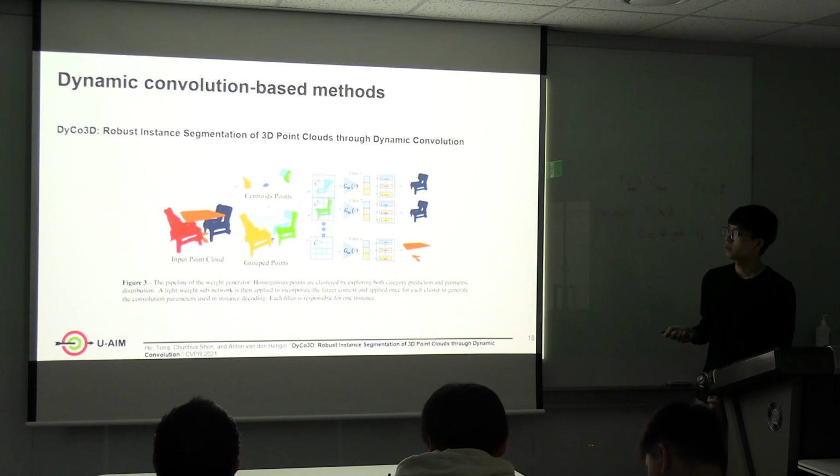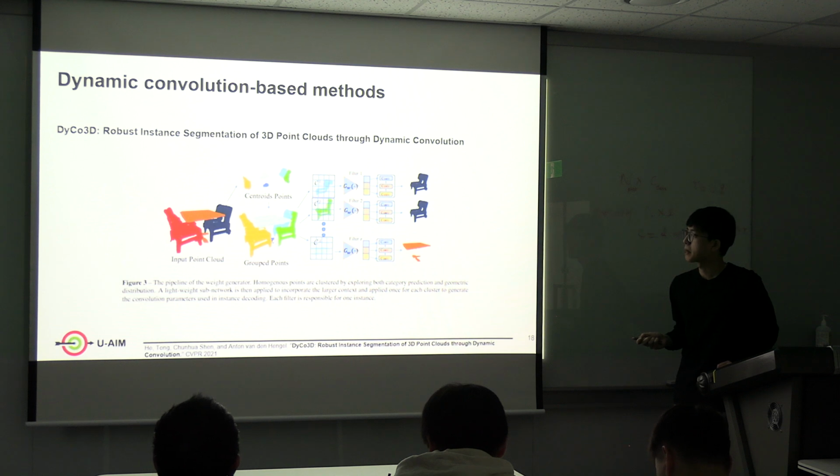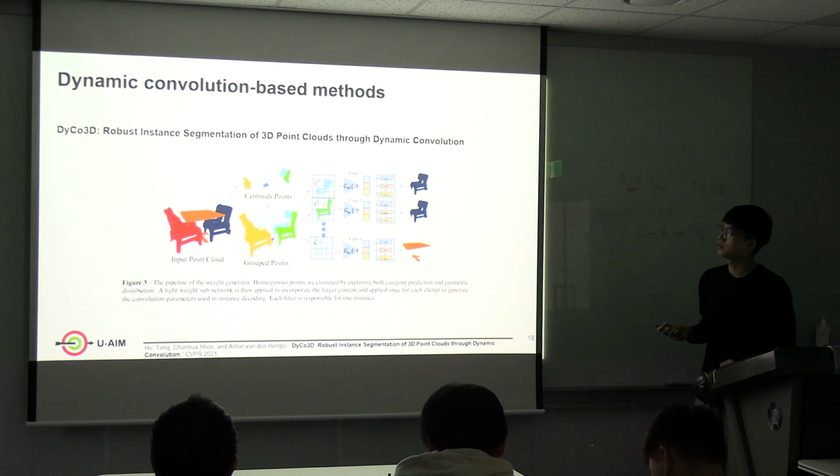So the input point cloud here will become the clusters here, and after getting the shifted points, you will do the clustering algorithm to get the grouped points, and for each group here you will conduct a convolution to get the kernel.